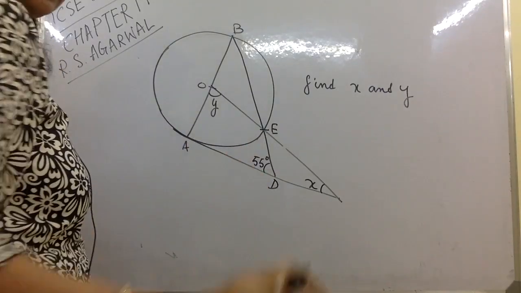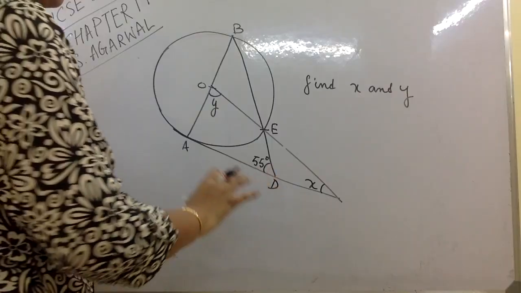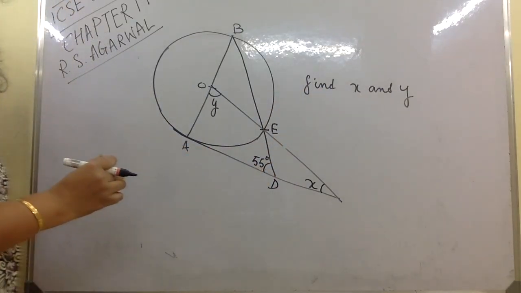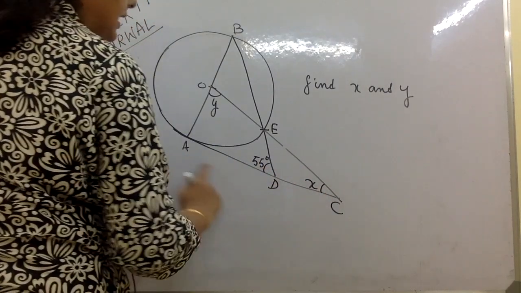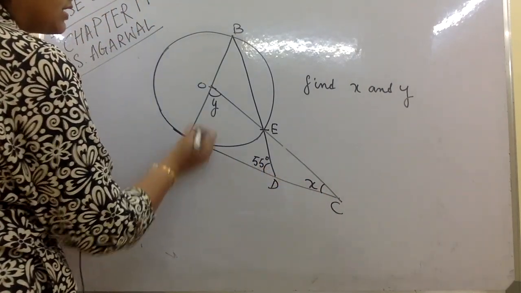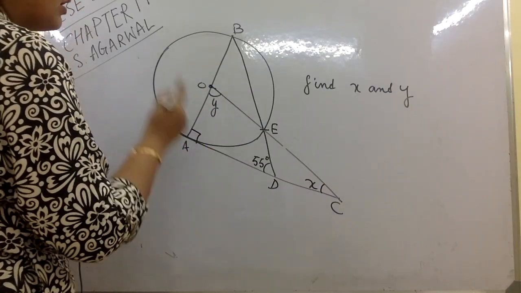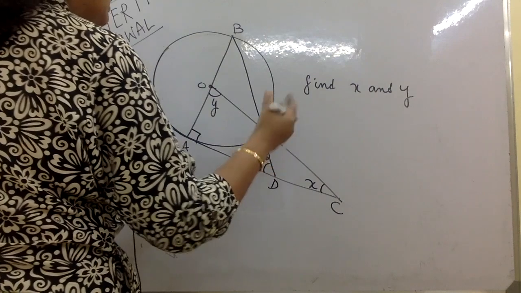Now in this question, we have to find x and y. AC is a tangent. If AC is a tangent and O is the center, then immediately this becomes 90 degrees. They have asked to find x and y and give reasons.